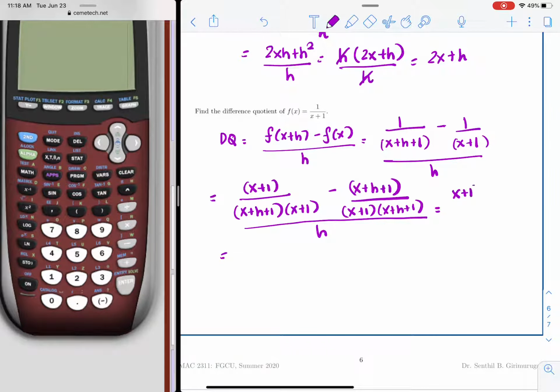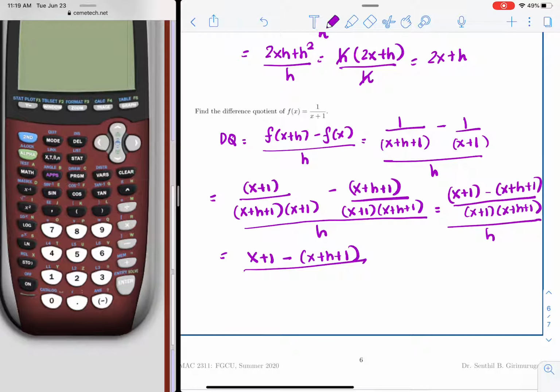So now I have a common denominator. So I have x plus 1 minus x plus h plus 1, divided by x plus 1 times x plus h plus 1, divided by h. If you flip and multiply, we'd simply have x plus 1 minus x plus h plus 1, divided by h, times x plus 1 times x plus h plus 1.